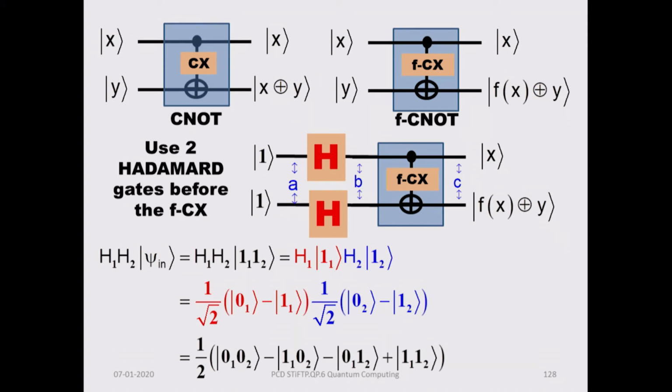So, the operators would operate on those independently without affecting the other qubit. H2 will operate on state 1 of the second qubit and H1 will operate on the state 1 of the first qubit, and this will happen independently because these are not entangled.